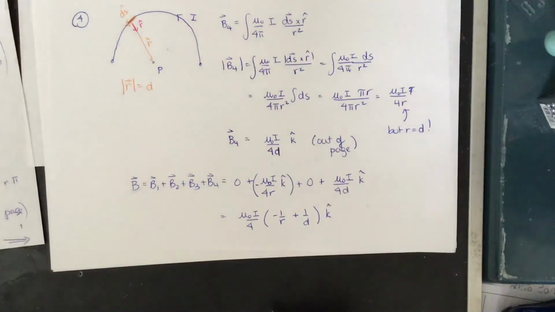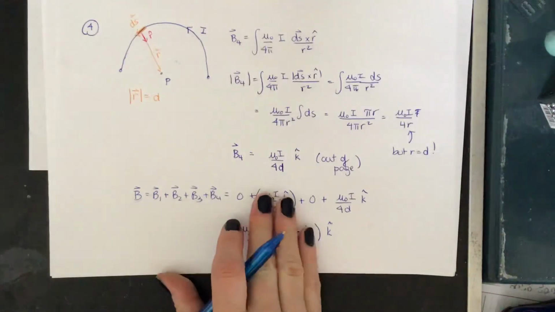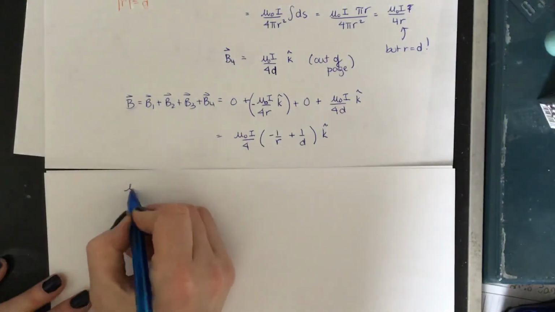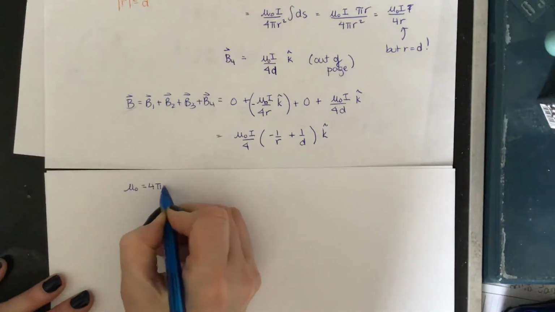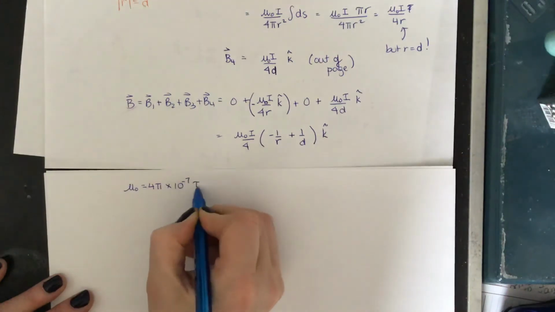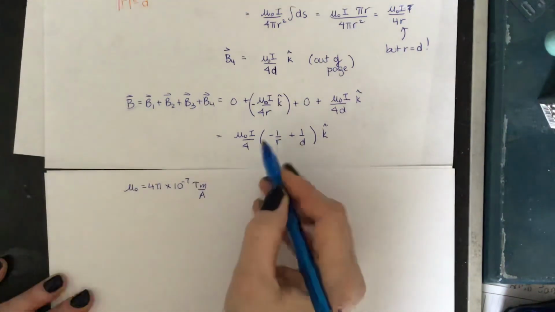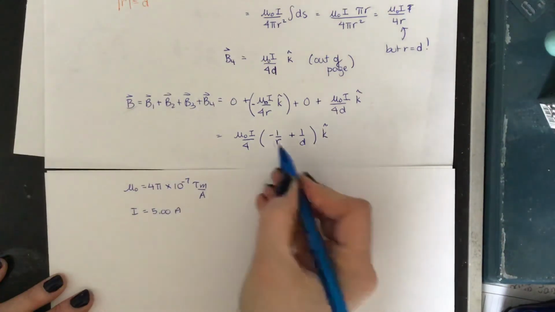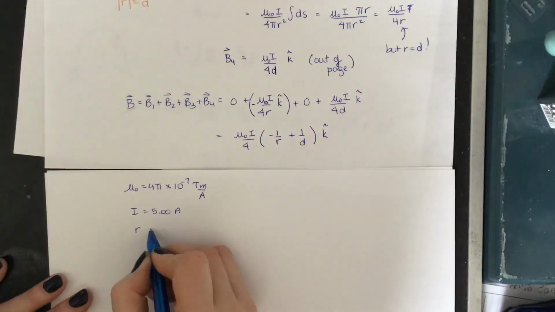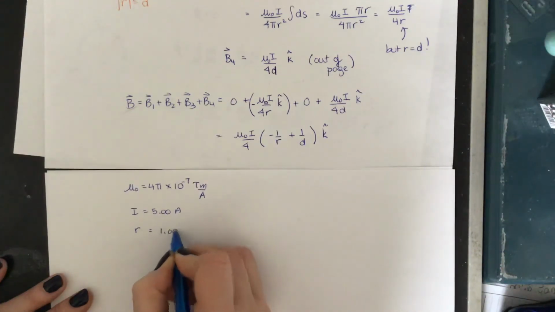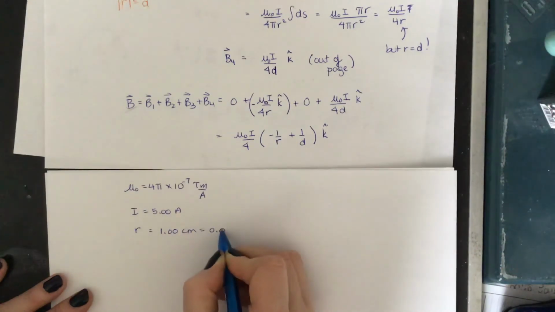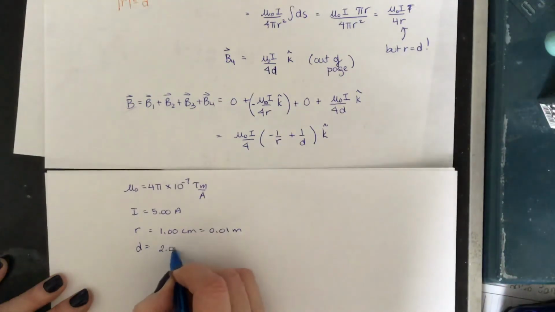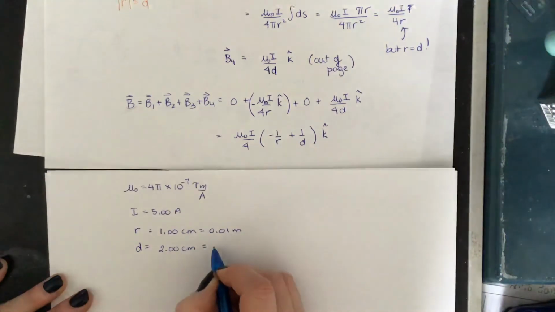Let's get our numbers that we're going to put in there. So what we know is mu naught equals 4 pi times 10 to the minus 7 Tesla meters per amp. I is the current that was given as 5 amps. r is the distance to the smaller circle, which is 1 centimeter or 0.01 meters. d is our distance to the outer perimeter, that was 2 centimeters or 0.02 meters.